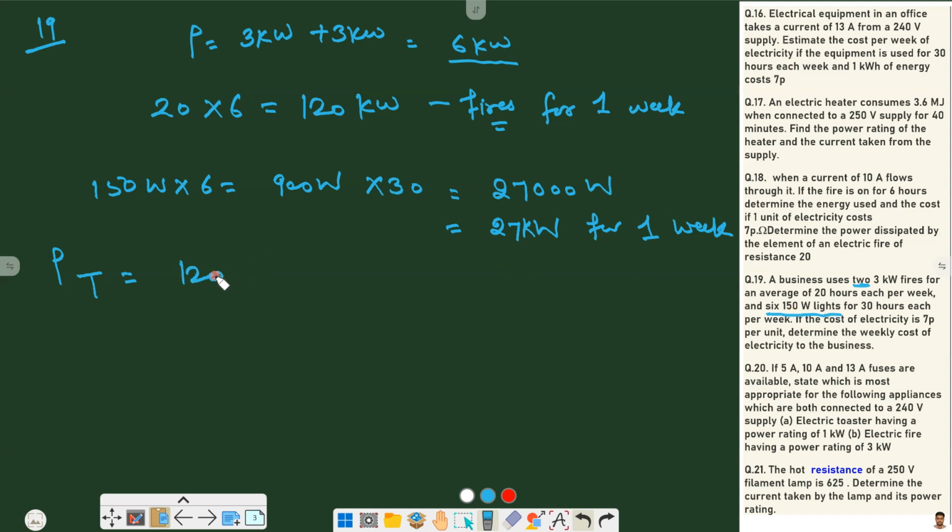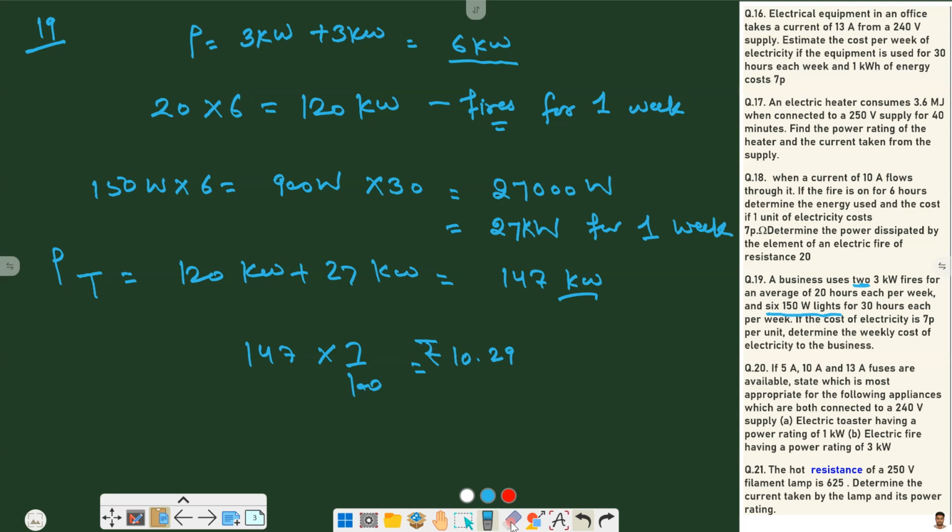So 120 kilowatt plus 27 kilowatt, it is 147 kilowatt. Now cost is 7 paise per unit, means 7 paise for 1 kilowatt. So total cost will be 147 into 7 by 100, and this will be 10 rupees and 29 paise. 10 rupees and 29 paise is the answer.